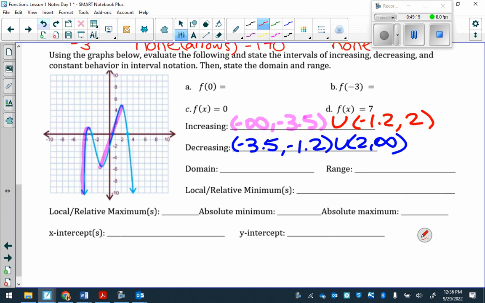Okay. Local max. 1 and 5. Absolute minimum. None. Good. Absolute max is, this should be 5.5 too. Oh, nope, 5. Sorry. Okay, x-intercepts we already went through. Y-intercepts, 0, -2. Awesome. Good.